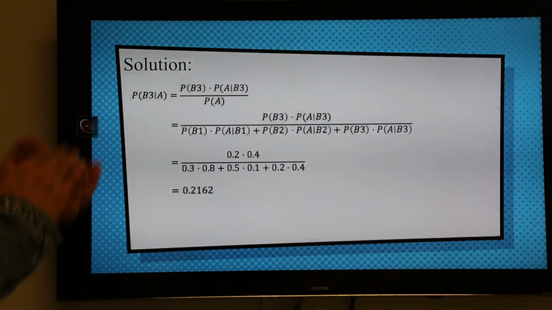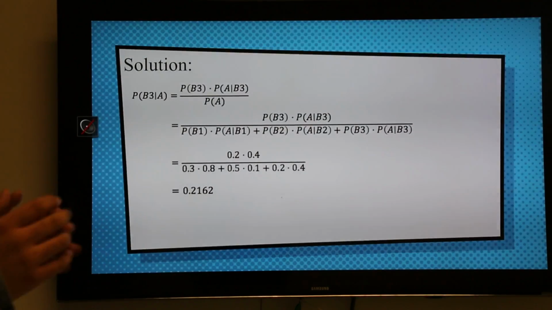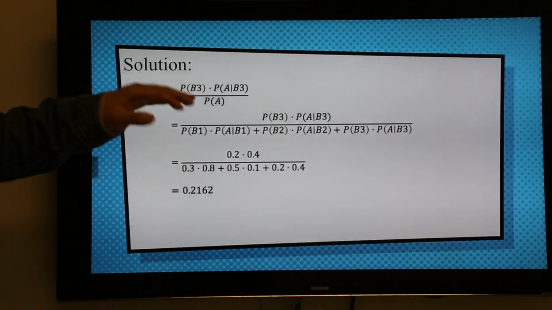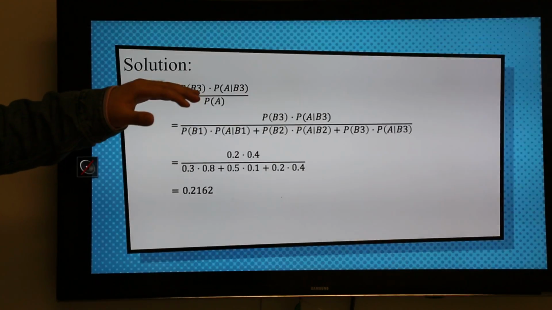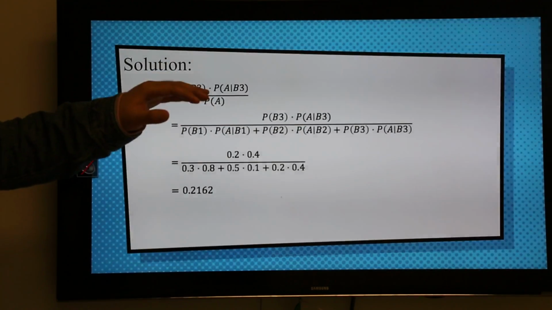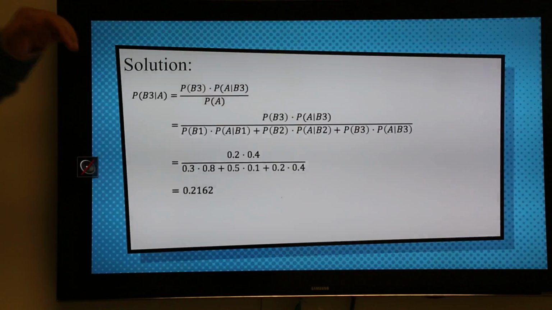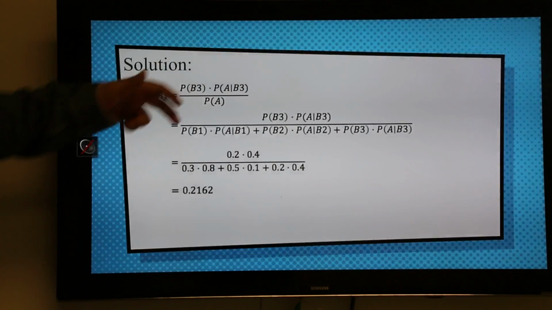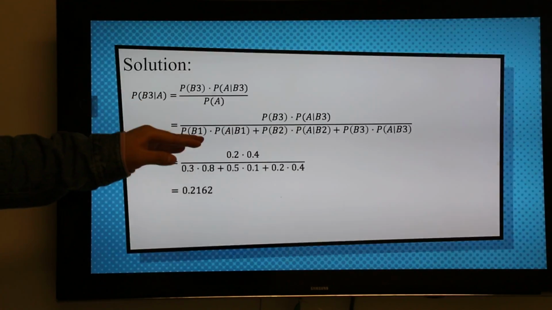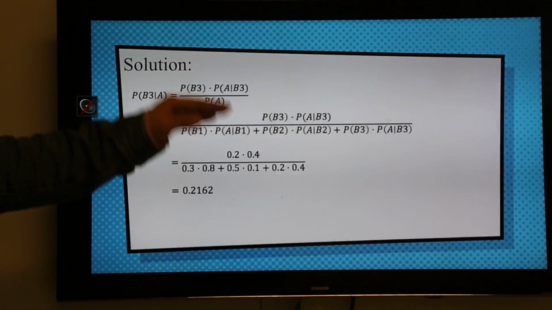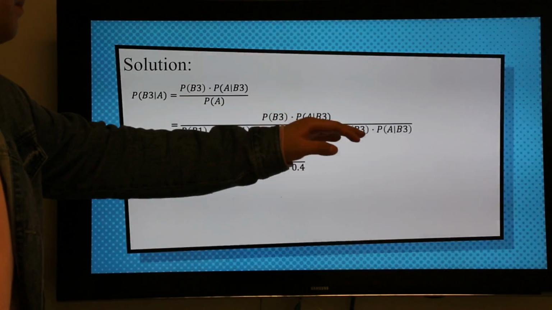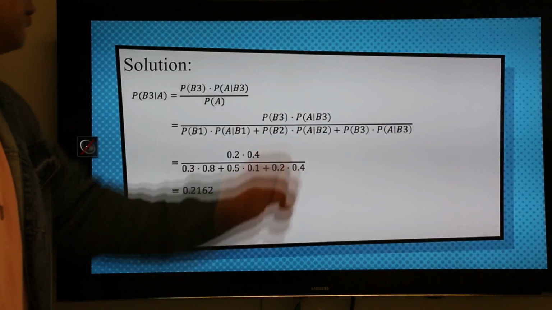The final step is to use Bayes' theorem: P of B3 given A equals P of B3 times P of A given B3 over P of A. We then expand P of A because we don't know it: P of A equals P of B1 times P of A given B1, plus P of B2 times P of A given B2, plus P of B3 times P of A given B3.